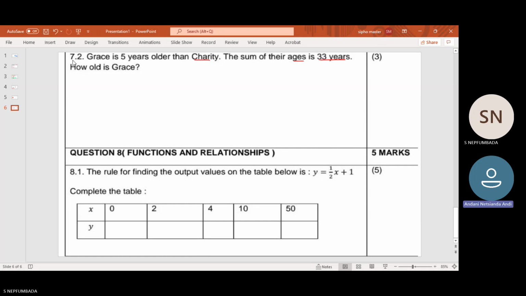Grace is 5 years older than Charity. The sum of their ages is 33 years. And how old is Grace? So I did 33 minus 5.